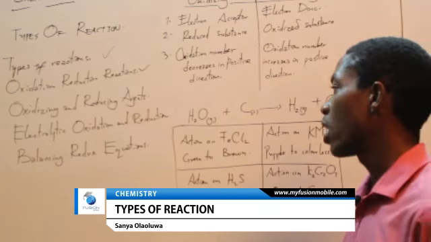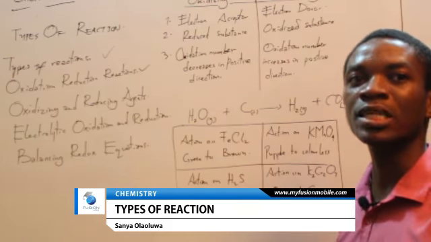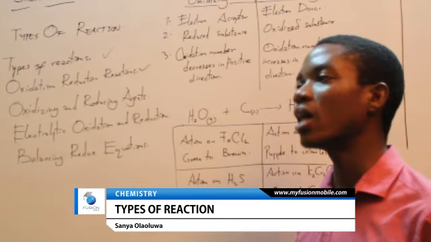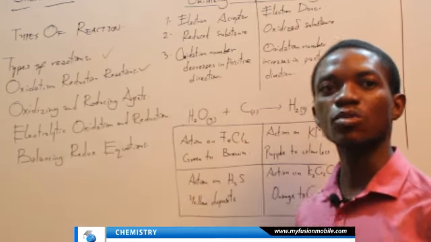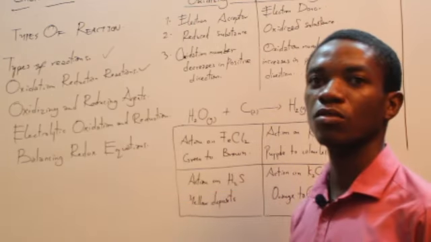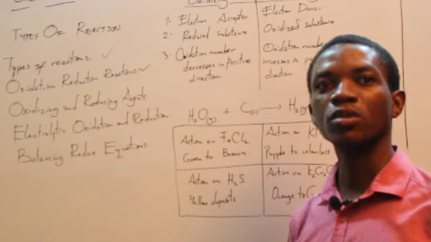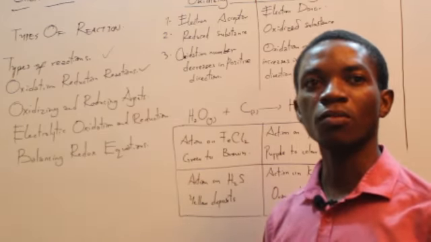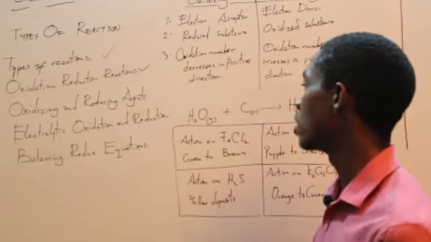Iron 2 chloride naturally exists in a green color. But by the time you pass the oxidizing agent through it, it will change color from iron 2 chloride to iron 3 chloride, which is brown in color. So there will be a change in color from green to brown if the reagent is an oxidizing agent.